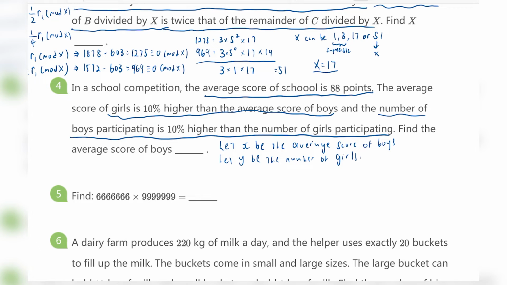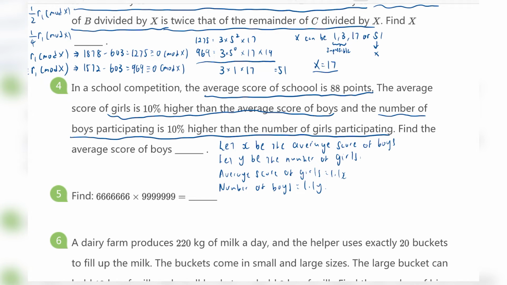So the average score of girls must be equal to 1.1x. And then the number of boys will just be 1.1y. So we know the total average, we know the average score of the school is 80 points. So we're going to use that.